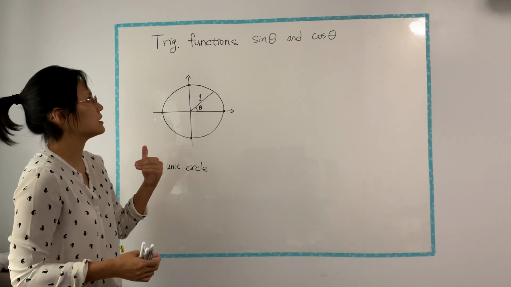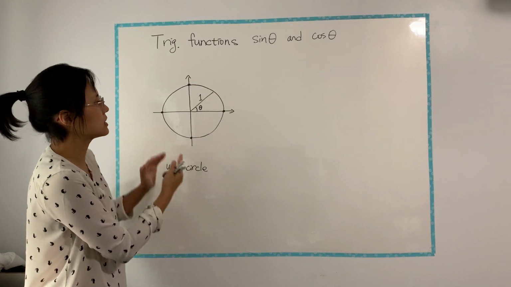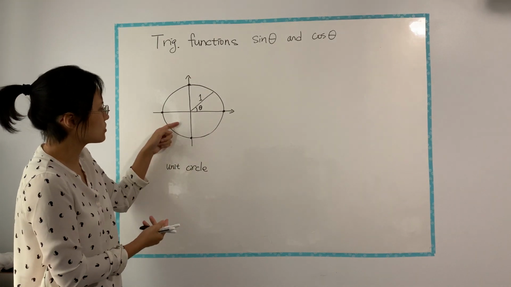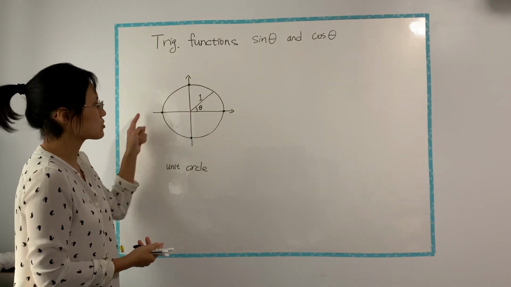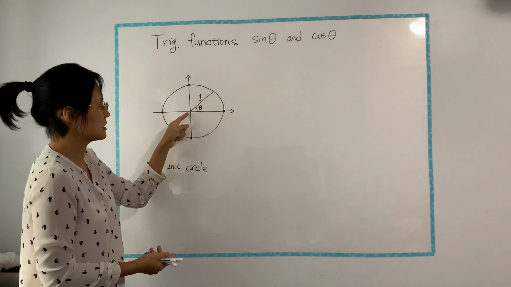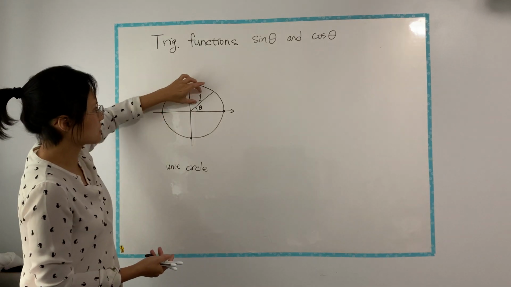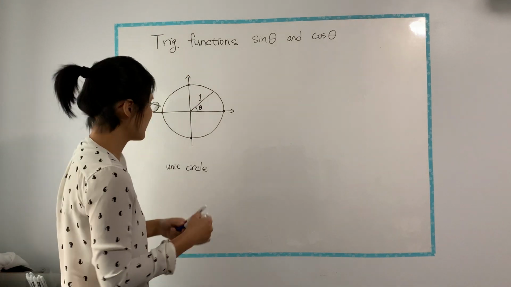So personally, to memorize a bunch of things related to sine and cosine, I use this structure. On an xy plane, I draw a unit circle centered at the origin. Unit circle means the radius is equal to 1. Okay?